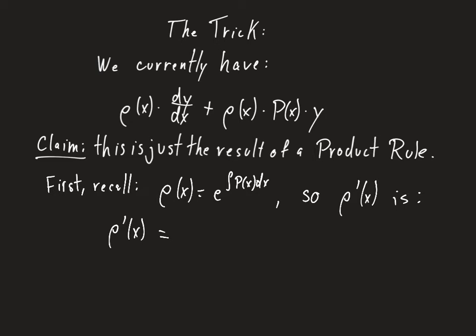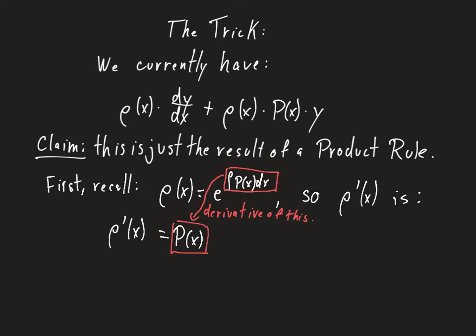It's going to be equal to, by a very quick chain rule, the derivative of this top part, which you can see pretty much by definition is just going to be exactly equal to p of x.